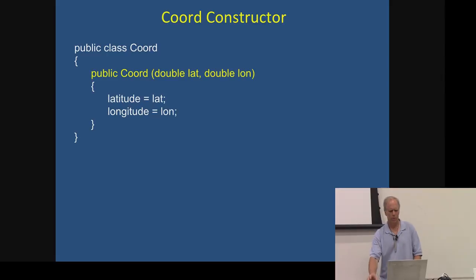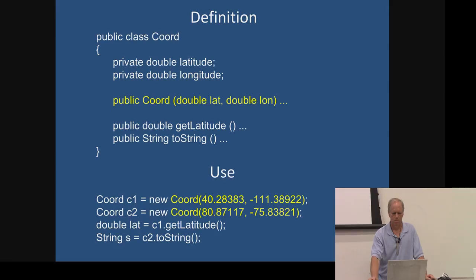Okay? Well, there are parameters to the constructor. Where would the values for lat and lon come from? Right. So what he said was, the user is calling the constructor. So there's 40.28383 and -11.38922.